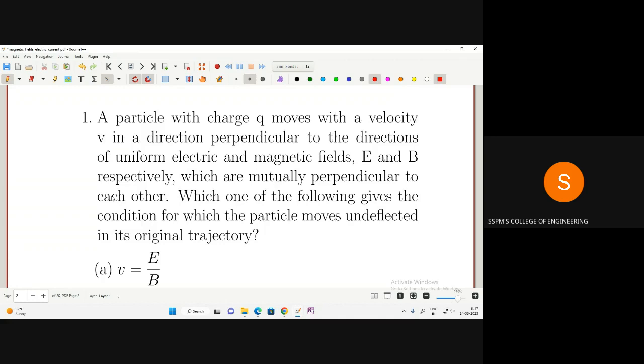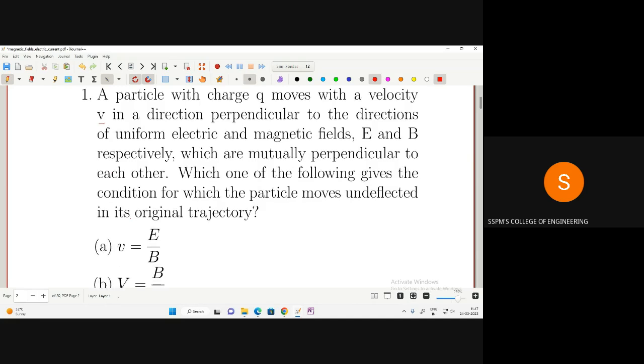So that is the example. Now in this example, what is given? The velocity vector V is given, and its direction is perpendicular to the direction of the magnetic field and electric field. We may draw the vectors: electric field, magnetic field, and velocity vector. Let's consider the electric field E bar is directed along the x-axis.